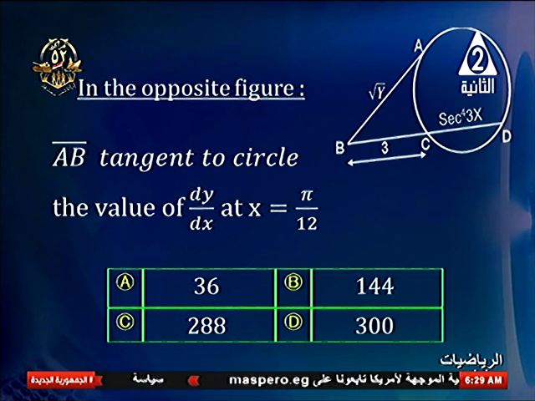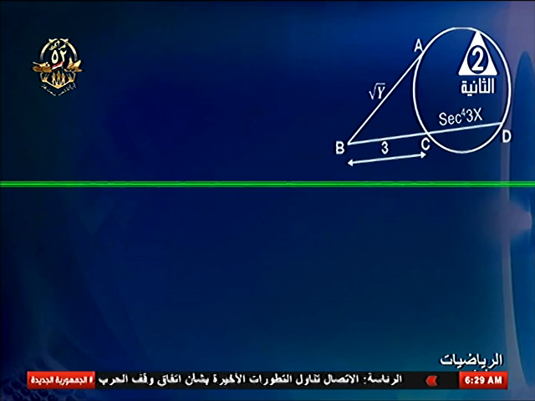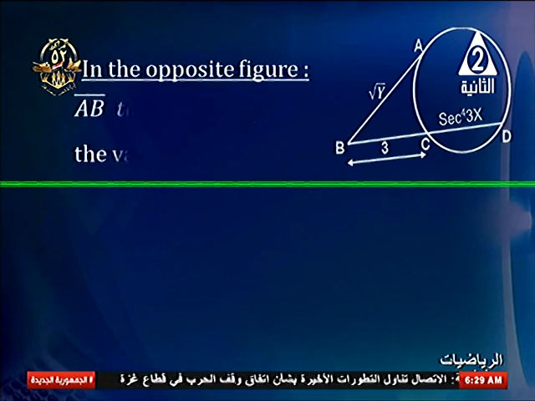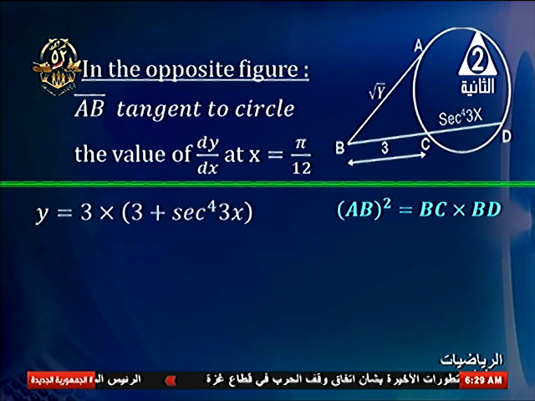Then AB squared equals BC multiply BD. AB squared is y, BC is 3, multiply BD, 3 plus sec power 4 of 3x. What is the rule?